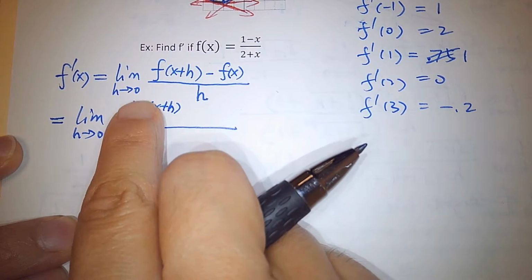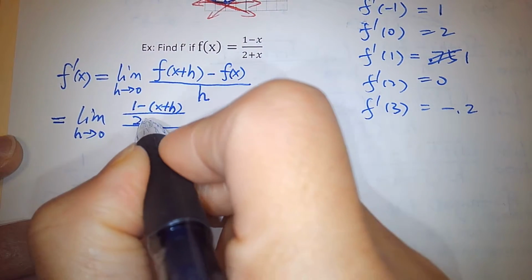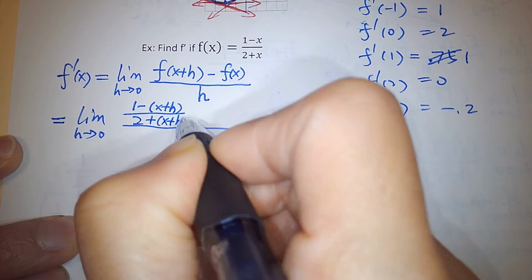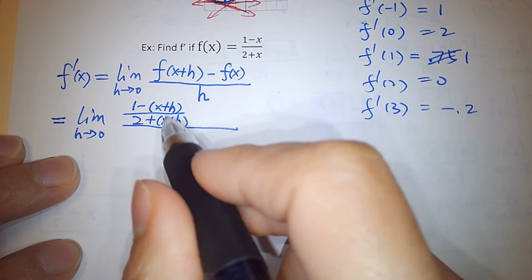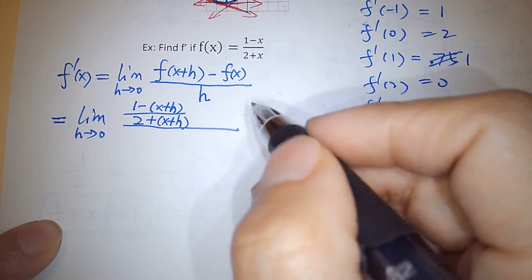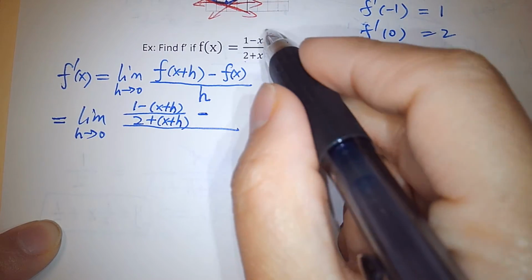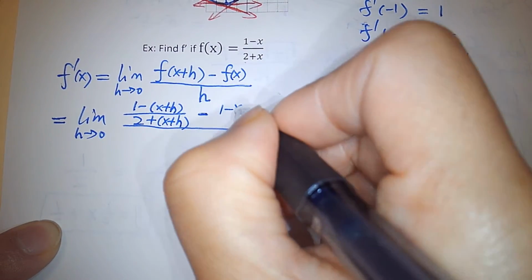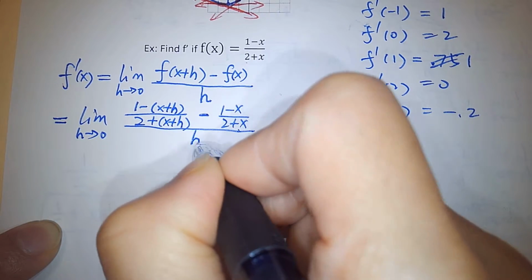It should be 1 minus parentheses x plus h. Same thing on the bottom, 2 plus parentheses x plus h. Later, we get rid of the parentheses, but when we plug in in the first place, we have to keep them. Minus f of x. What is f of x? This: 1 minus x divided by 2 plus x, all divided by h.